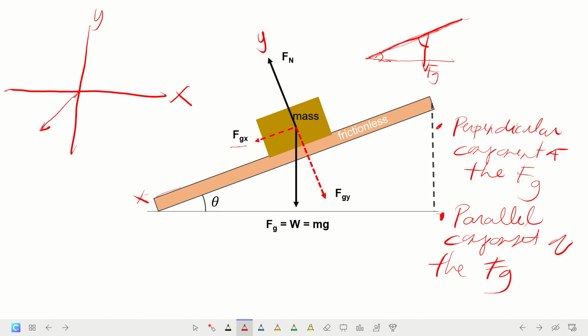So recall in your vector, sa lesson natin sa vector, when the vector is at an angle, we resolve it into its horizontal component. So we have horizontal and we have our vertical component.